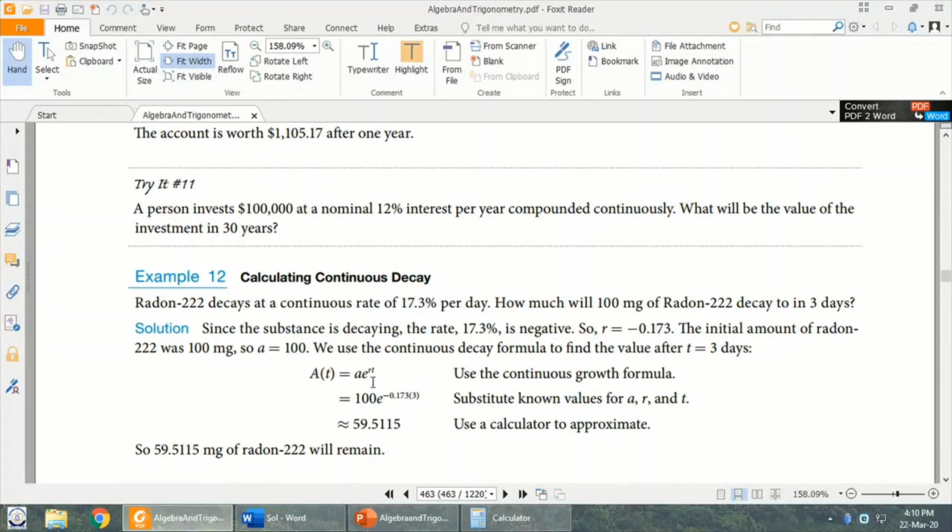In 3 days, so that means it could be 2 days, 1 day, 4 days or 5 days. That is in place of x, and this is time, t, and r could be any other rate or interest or any other value that you can put. It's supposed to be multiplied by a negative value, so r is negative 0.173.